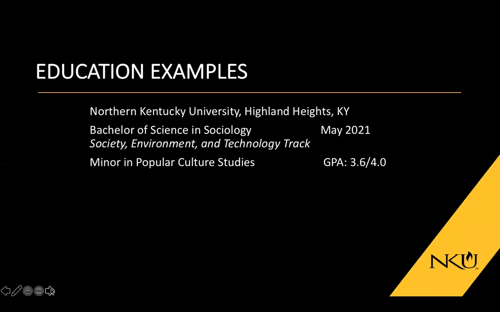You should also include your minor if you have any minors. Something important to note here is that this student has an area for their tracks. If you have a specific track that goes along with your major, you should be certain to include that as well. You could choose to list your GPA if it is greater than a 3.0.